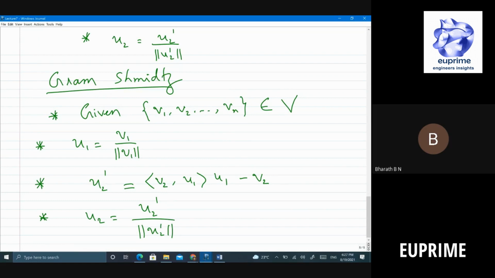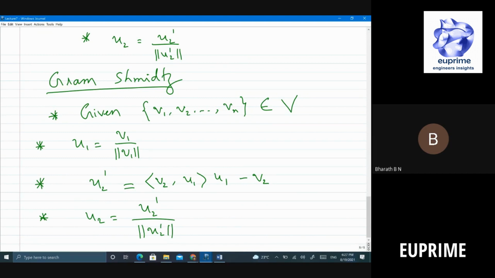If you have a third vector like this, I have to project onto u1 and u2. So how do you project onto a plane?